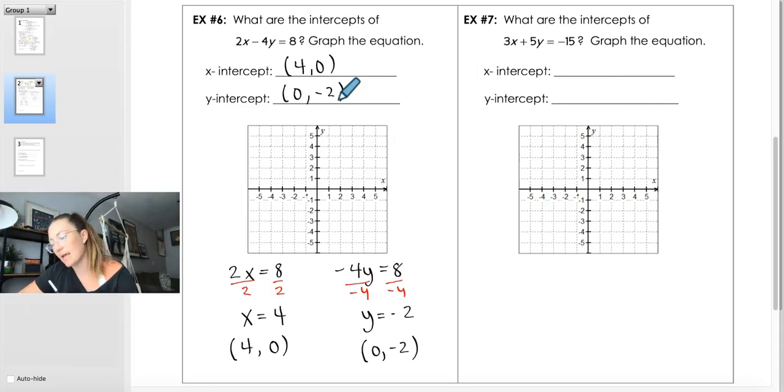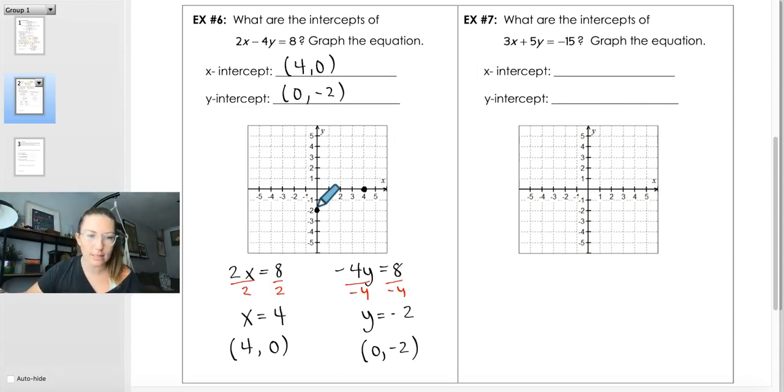Okay, now that you guys have your 2 points, we're just going to go ahead and connect them. Plot them, connect. So 4, 0, x value is 4, y value is 0. So that means right 4, up none. This one means right or left 0 and down 2. Down 2. So those are my 2 spots on my graph, and then we're going to connect that with a nice straight line.